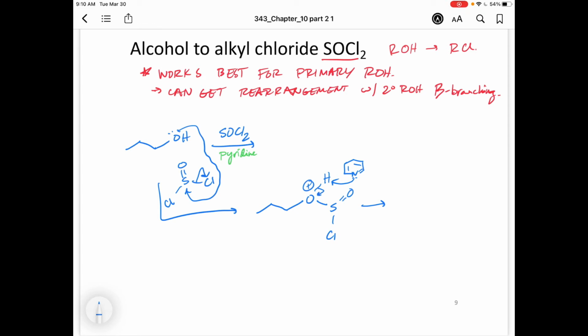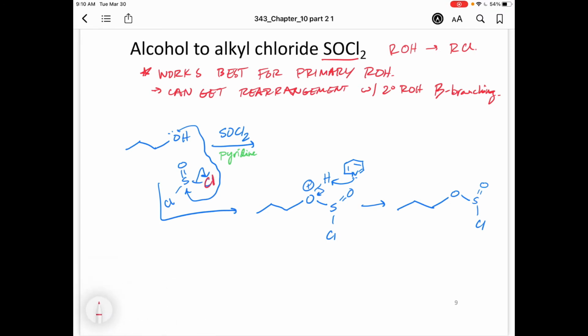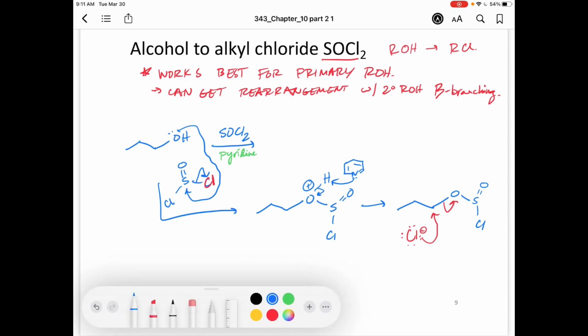Now you have this really good leaving group here. We kicked out chlorine in this first step, so we're going to have Cl minus come into an SN2 reaction here and kick out this group.